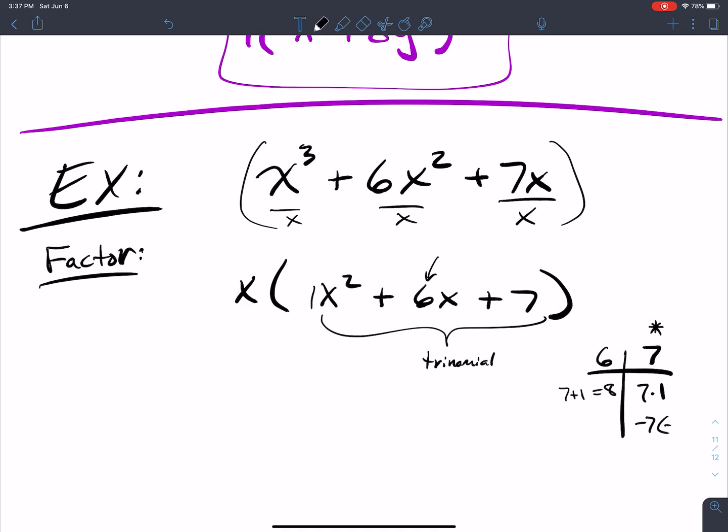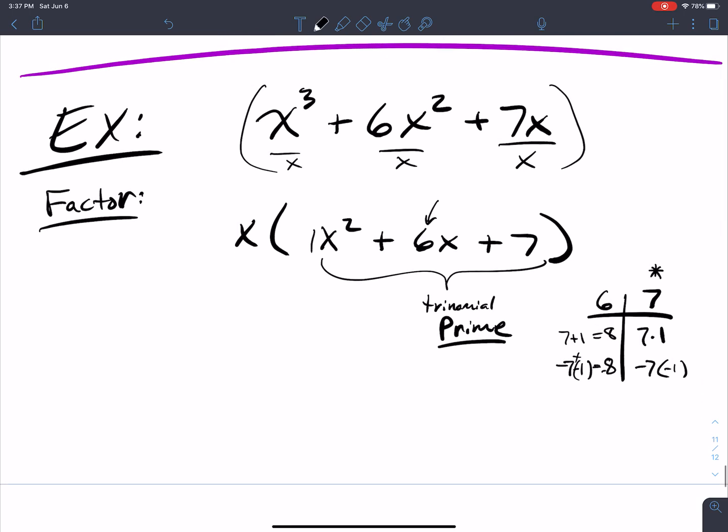Negative 7 times negative 1 adds to negative 8. Oh my goodness. So what is that telling me? This thing right here is prime. I can't factor this. I've listed out all the different ways I can multiply to get 7, but none of them add to 6.